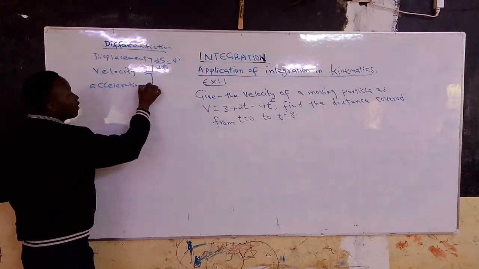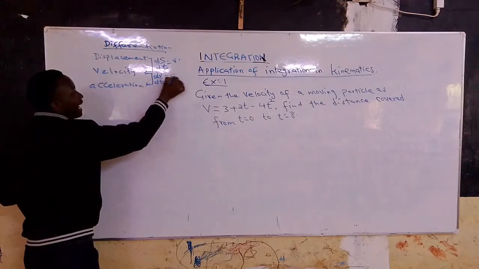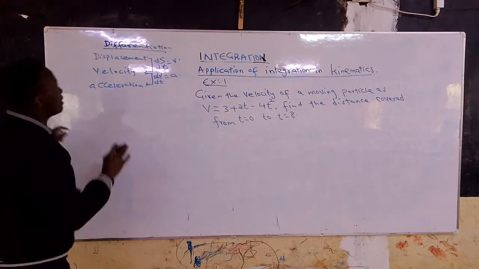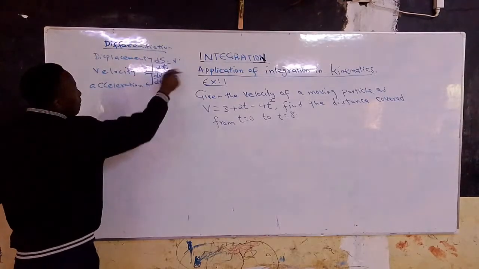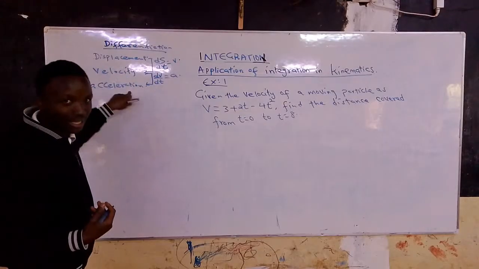Then, given velocity, we find dv over dt to get acceleration. This is differentiation. By this, we are differentiating, moving from displacement to velocity to acceleration.